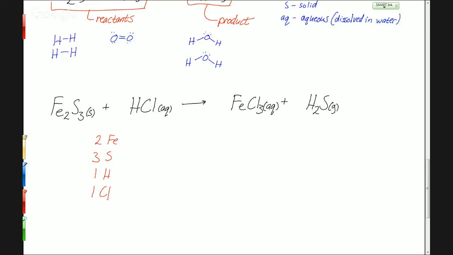Agree? You see where I got those numbers from? That's how many of each of those atoms I have. On the other side, I've got 1 Fe, 1 S, 2 H, and 3 Cl. I kept them in the same order just so I can clearly compare.